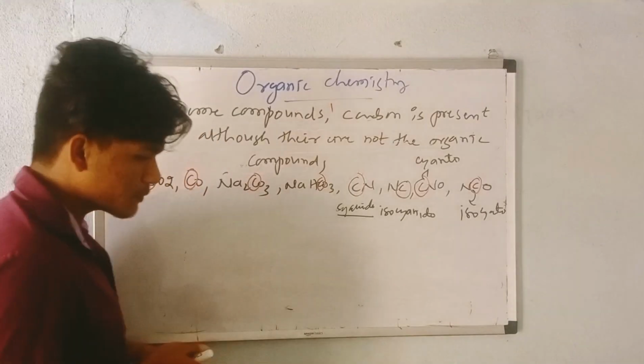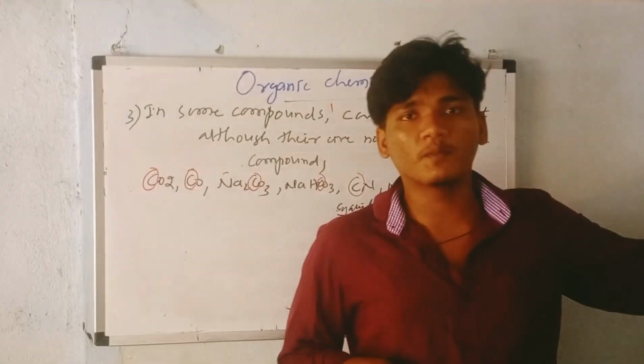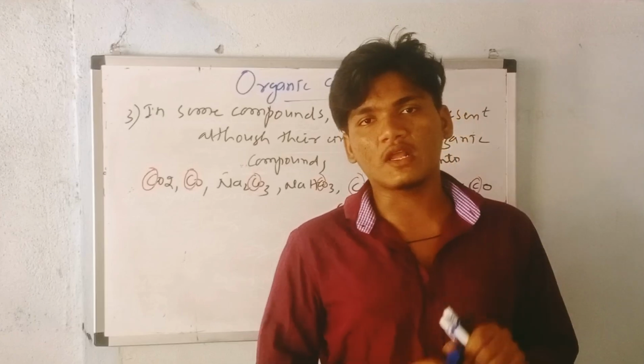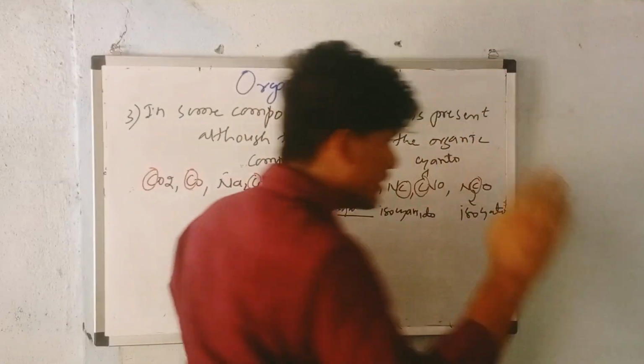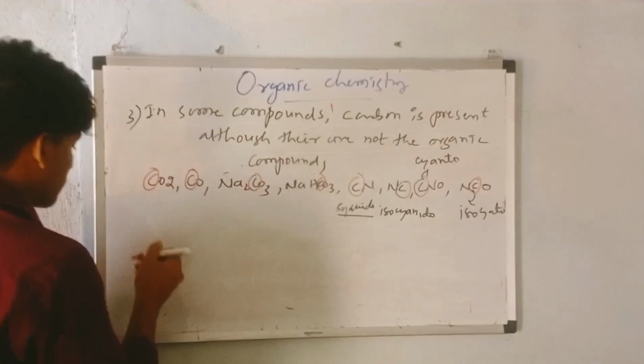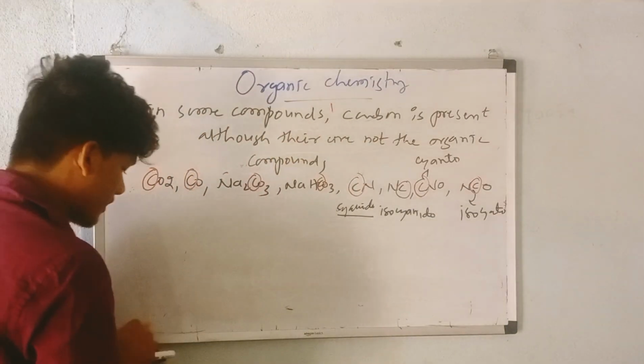Okay. Now, what is the basic organic compound, or the simplest organic compound? The simplest organic compound till now is hydrocarbon. So hydrocarbon is the simplest organic compound.